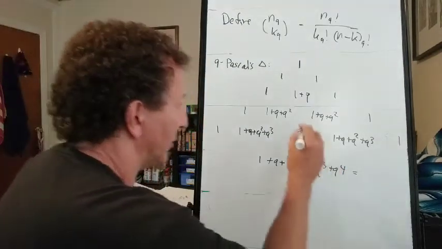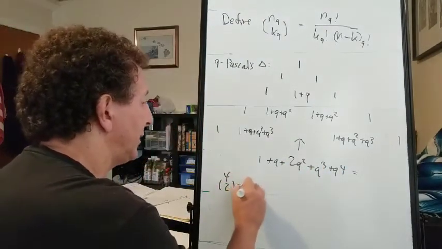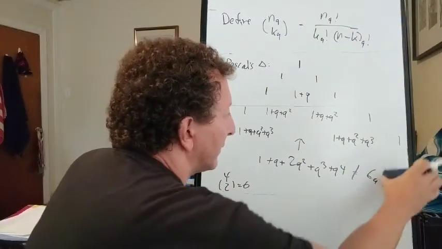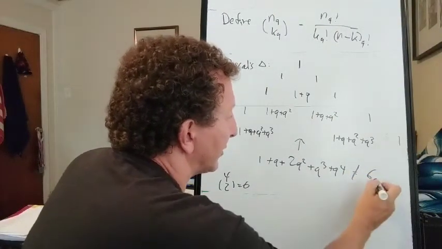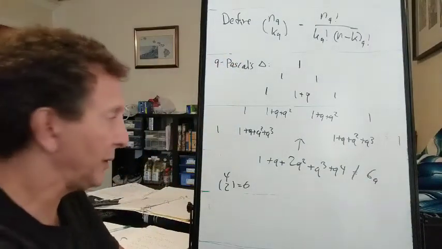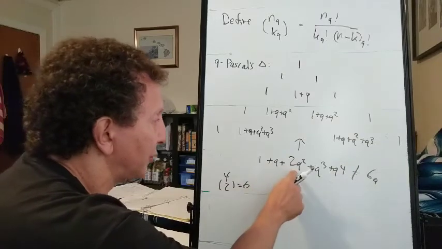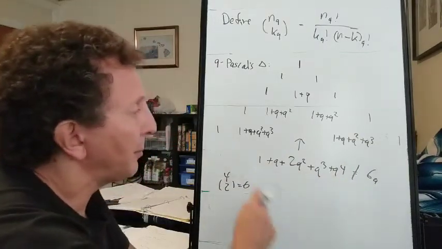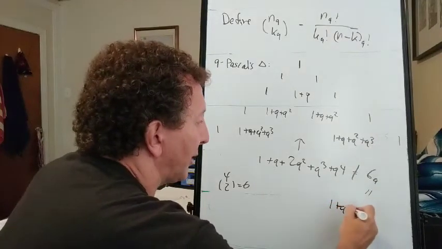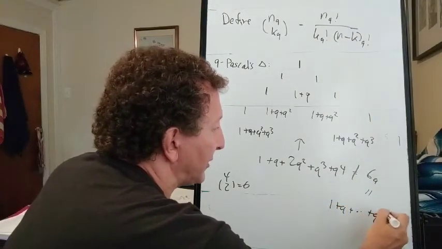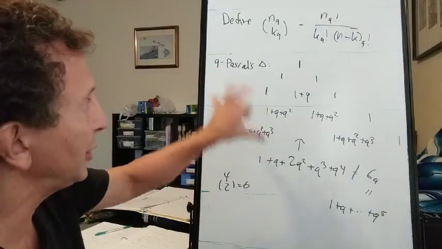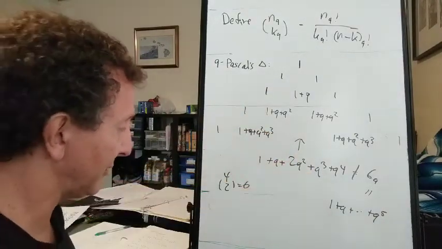This is not, so 4 choose 2 is 6, but this is not the q analog of 6. It evaluates to 6 if we plug in q equals 1, because we'll have 1 plus 1 plus 2 plus 1 plus 1, but it's not the q analog of 6, which is the sum of all powers of q up to q to the fifth. So it's the first time in the q Pascal's triangle that is different.